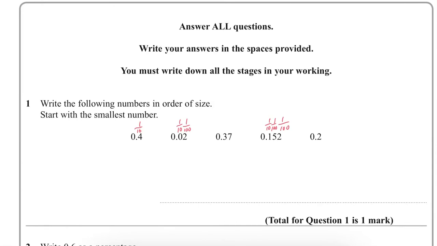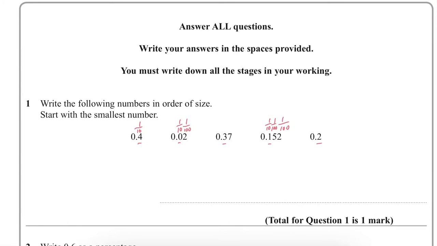Okay, so let's just look at the tenths for a minute. We've got a tenth here, and here, and here, and here, and here. So we know the tenth is the biggest of the hundredth and the thousandth, so let's just order the numbers first of all by the tenth.